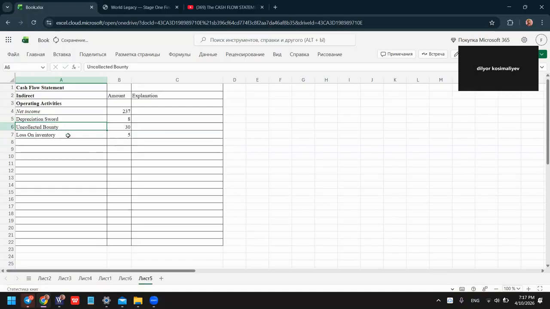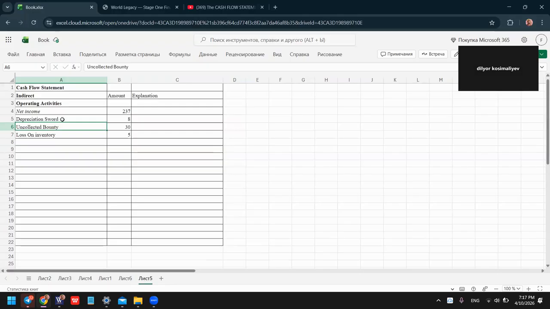And you may ask, why are all of them in operating activities? Depreciation of sword, uncollected bounty, loss on inventory. You can say that inventory is part of investing activities, right? But we don't do it here, because when we do the indirect method of cash flows, we do adjustments in operating activities.